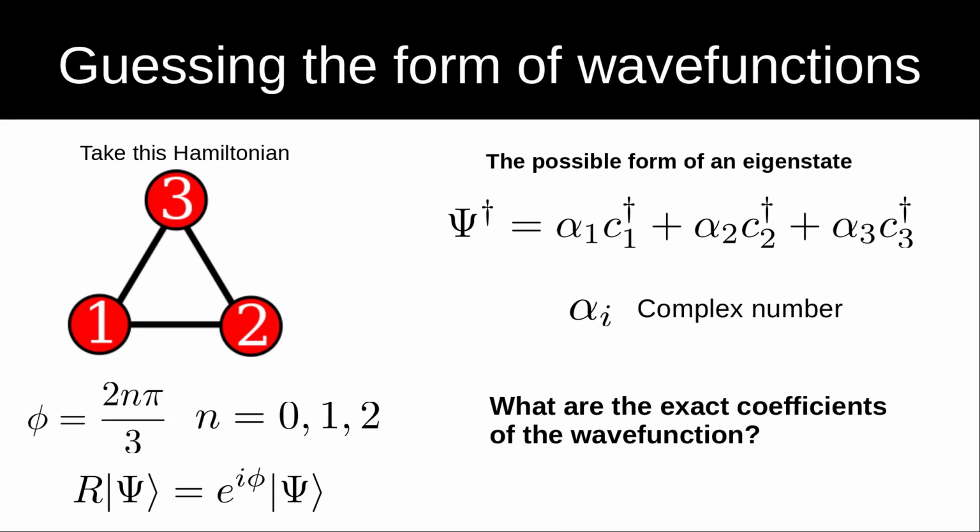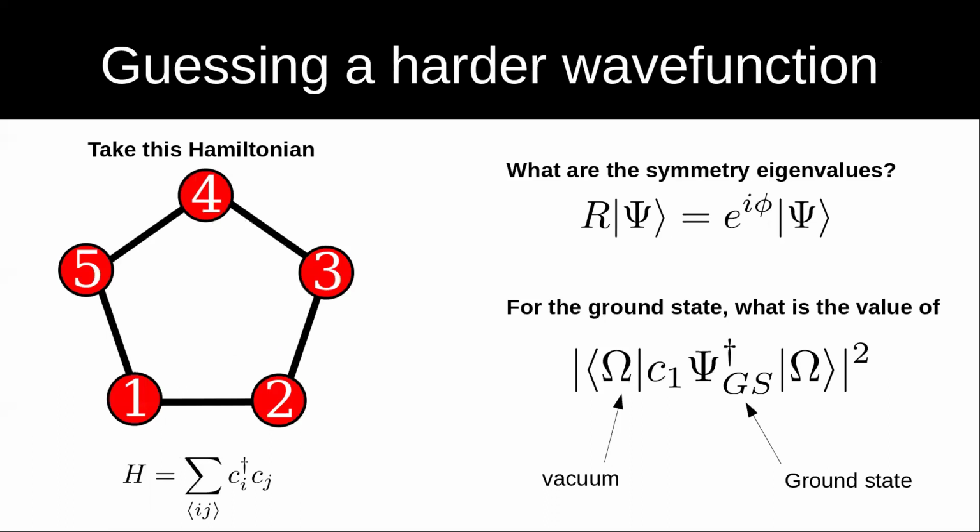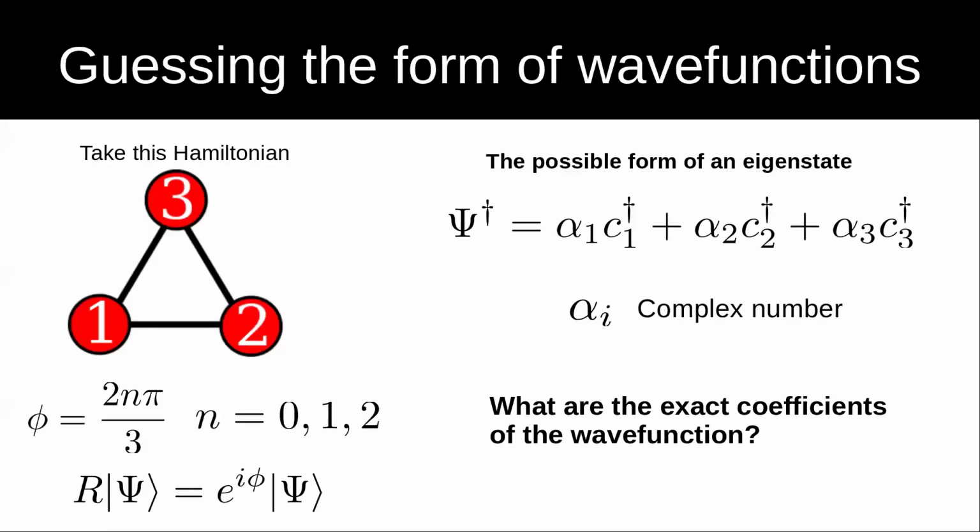And what we said before is that the phase that our wave function picks up is quantized, and is 2n pi over 3 with n equal to 0, 1, and 2. So the phases that you get in the coefficients are exactly the phases that you have in the rotation operator. You can directly find the eigenfunctions of the Hamiltonian just by looking at the symmetry that the Hamiltonian has.